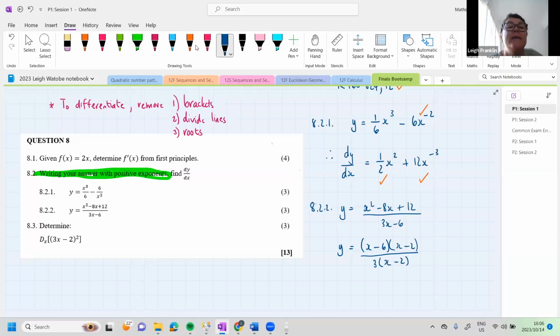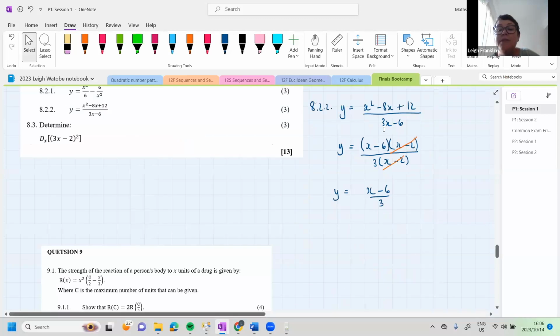Now I may cancel down something at the top with something at the bottom because I can only cancel factors. I cannot cancel terms. Right, so that is going to leave us with x minus 6 over 3. So again, see here, guys, I'm not writing dy over dx.